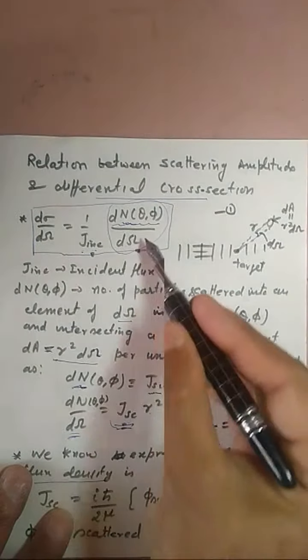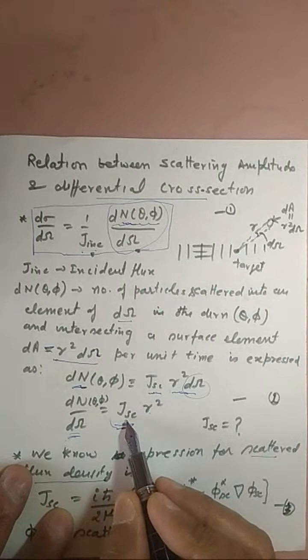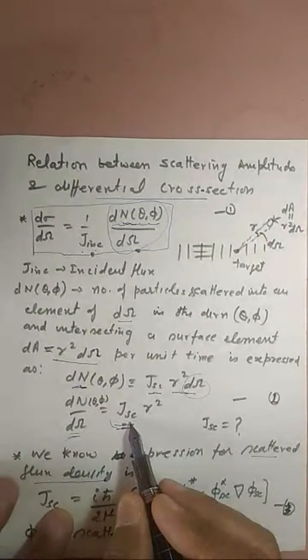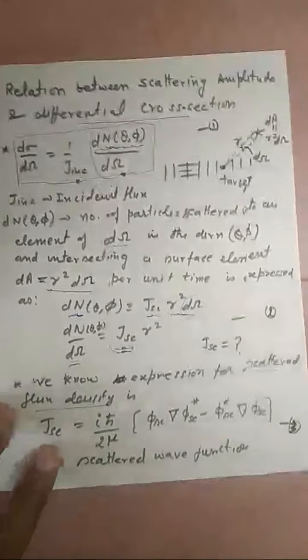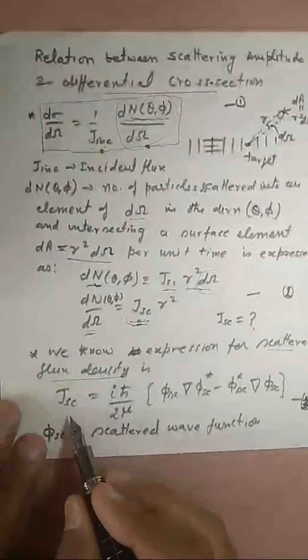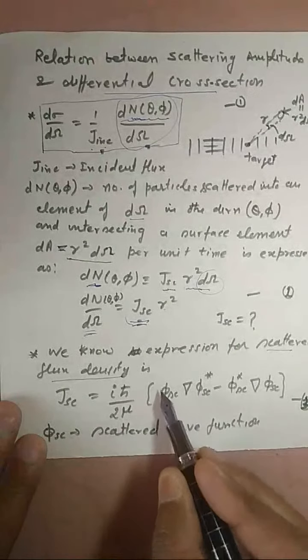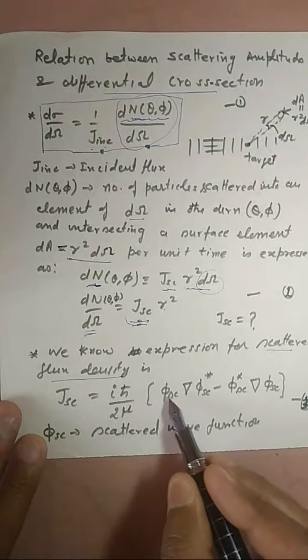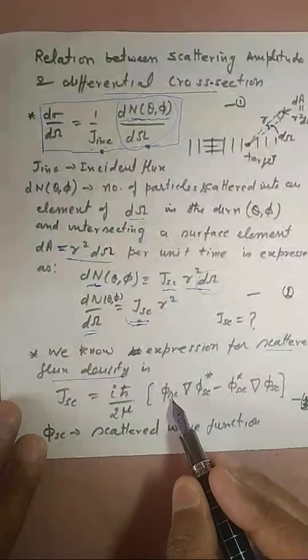So in order to determine this quantity, we have to determine j scattered, the scattered flux density. The expression is iota h cross by 2 mu, where mu represents the mass, and phi sc represents the scattering.